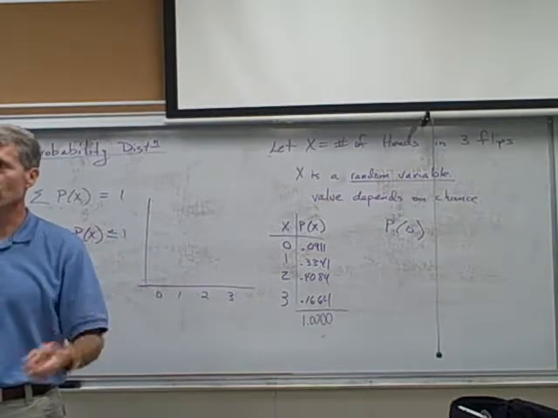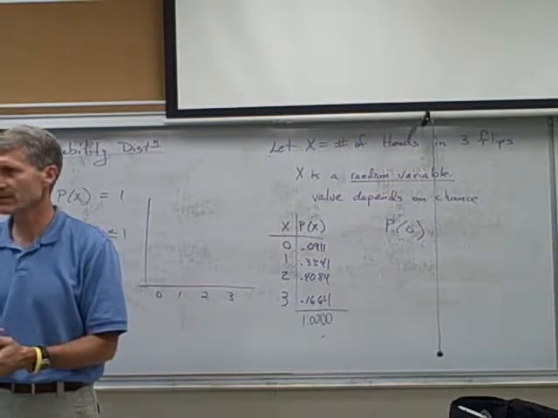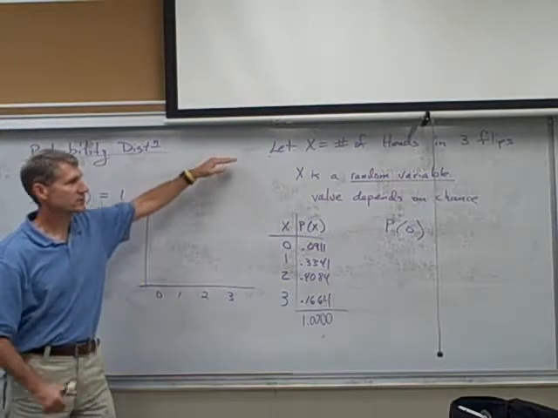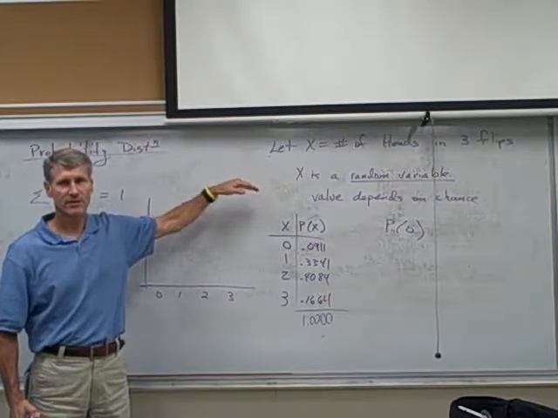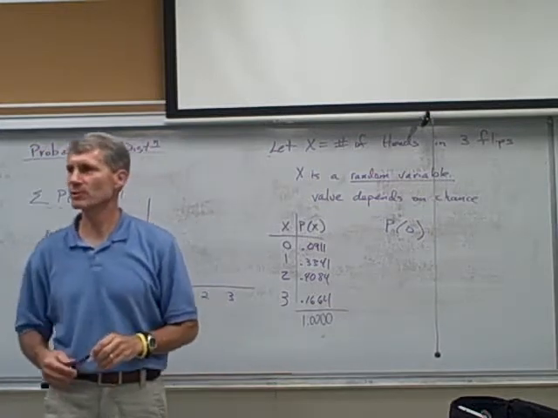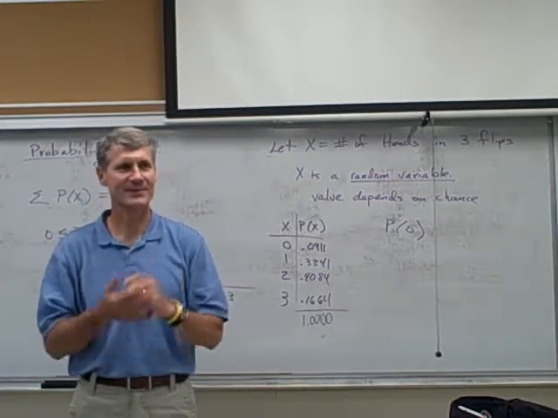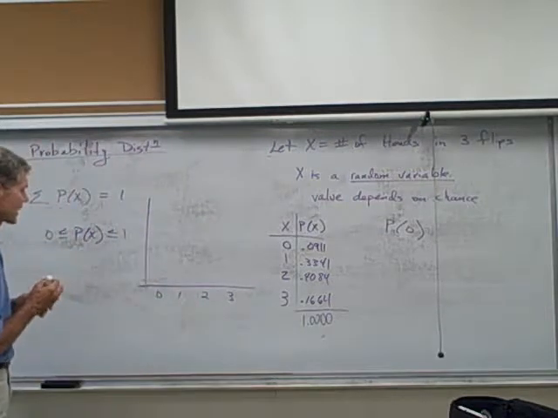I can only get 2, or I can get 3, or I can get 0 or 1. I can't get a fractional number. If x was a continuous variable and a random variable, then we have what's called a continuous probability distribution. That's section 6.2. Today we're doing discrete distribution. Okay, so now back to this.